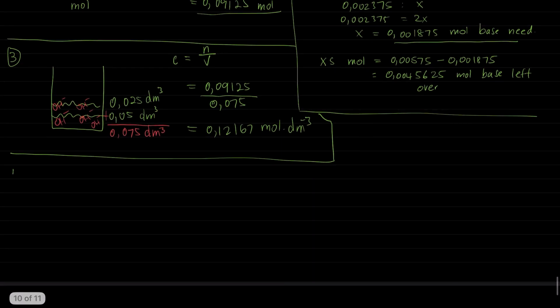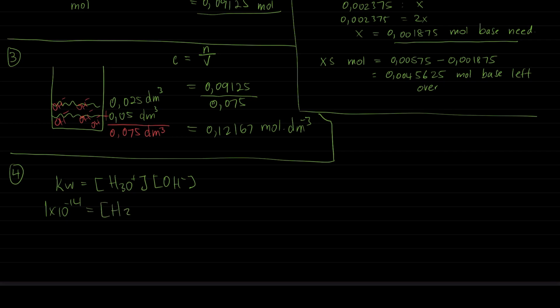So step number 4, Kw is equal to the concentration of H3O plus times the concentration of OH minus. Now if we want H3O plus, we just substitute and solve. So 1 times 10 to the minus 14 is equal to the concentration of H3O plus multiplied by 0,12167.